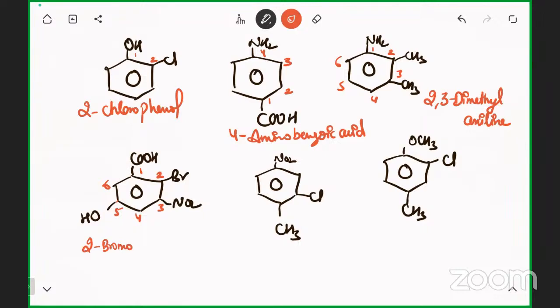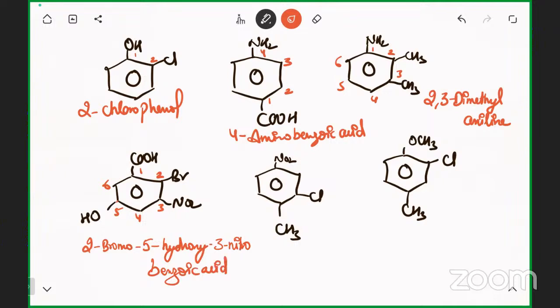Then alphabetic order: A, B, C, D, E, F, G, H. First H, so 5-hydroxy, then 3-nitro. 2-bromo, 5-hydroxy, 3-nitro benzoic acid. Very good.